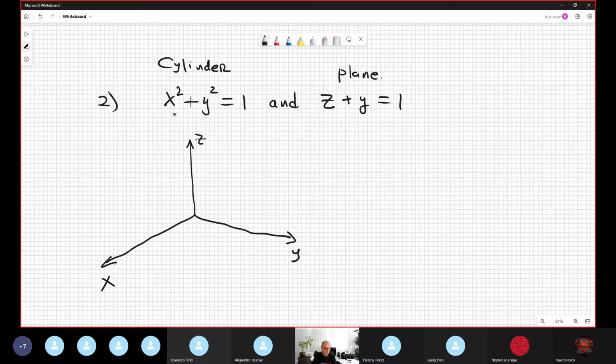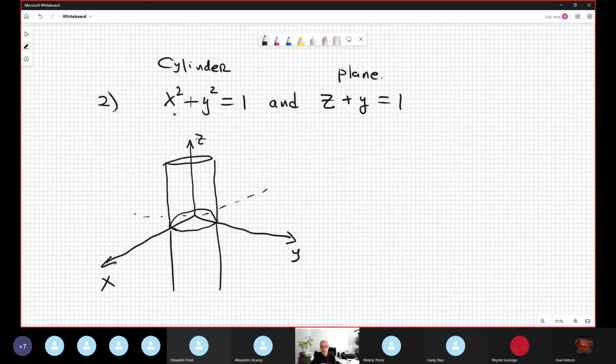We have a cylinder. Yeah, cylinder is easy. Cylinder radius 1. No restrictions, maybe positive or negative. Sorry, I forgot to say in the first octant. First octant indicates that only the positive part.